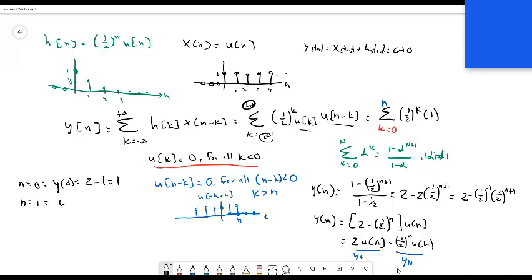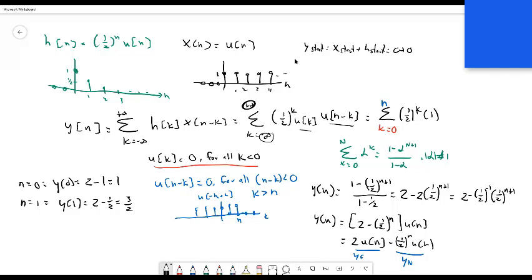Set n equals 1. Y of 1 is going to be 2 minus 1 times 1/2, which is 3/2, and so on. So if we keep plugging in different values of n in here, we'll just trace out those numerical values that we got in the previous case back in the PowerPoint.